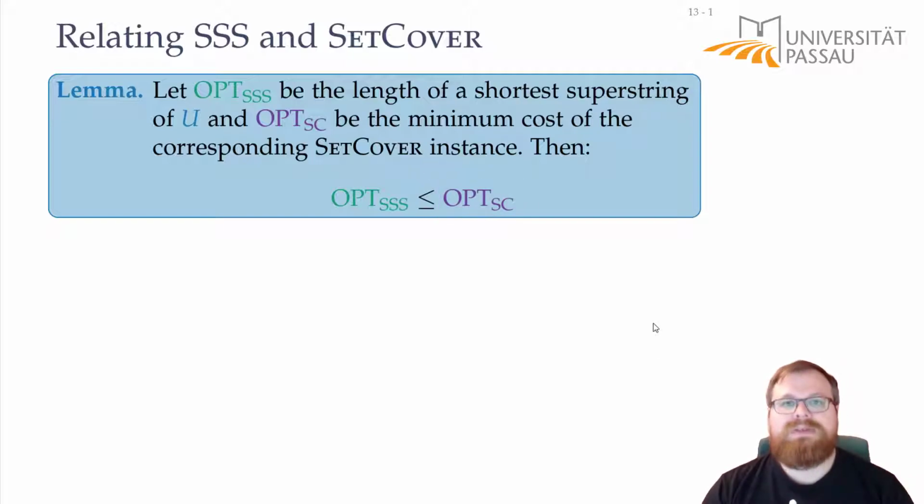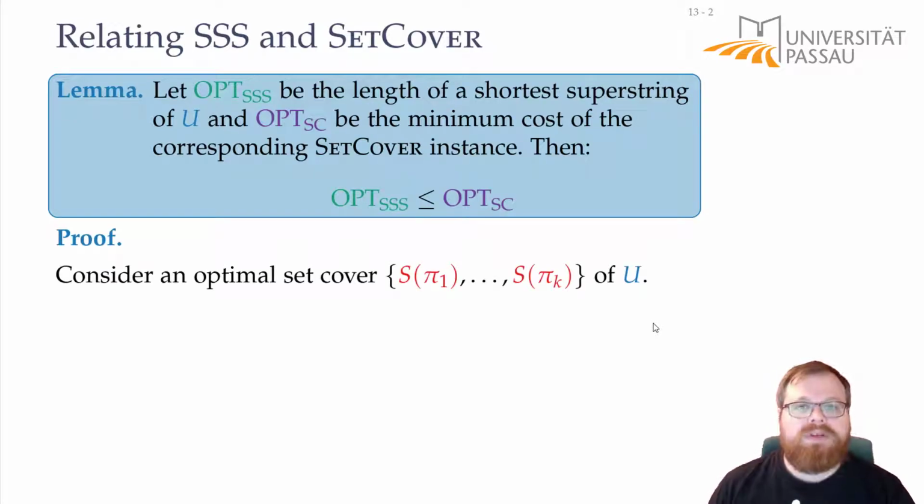In principle, we do the same thing as in the first part of the lecture when we analyze the greedy set cover algorithm. We assume that we know the optimum solution. We assume that we know the optimal set cover that consists of some superstrings pi_1 to pi_k of the set cover instance. And from that, we want to create a solution for shortest superstring that costs at most as much as the cost of these.